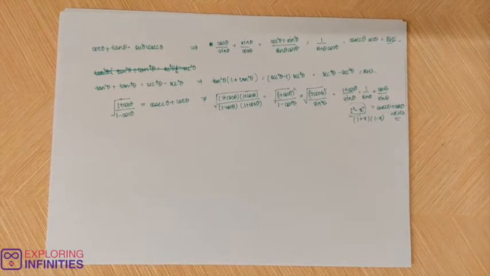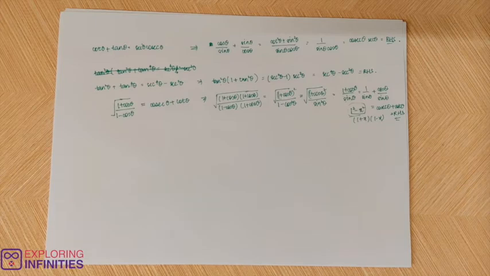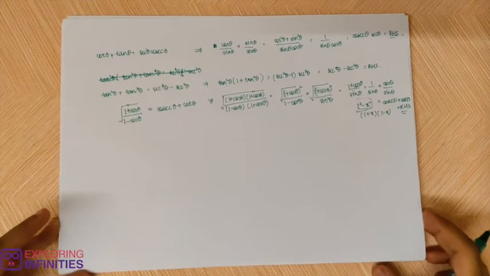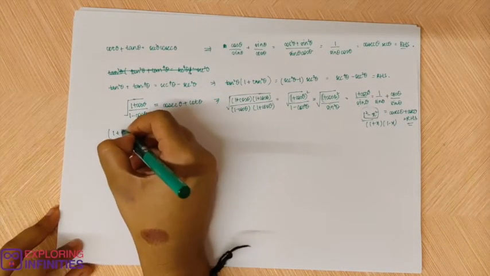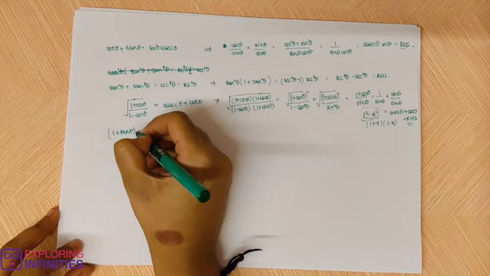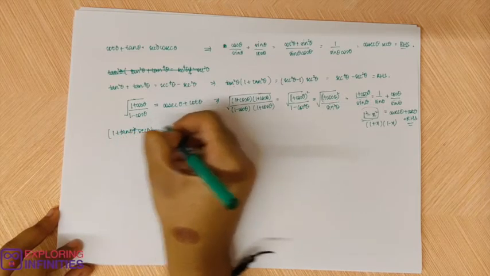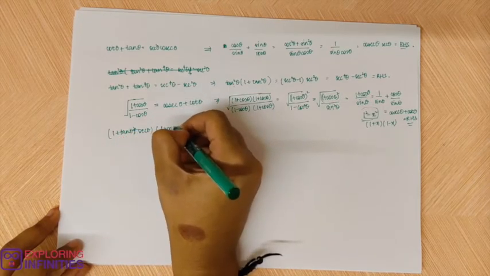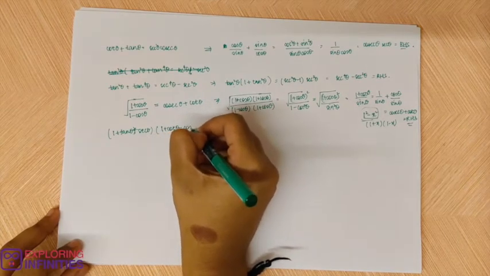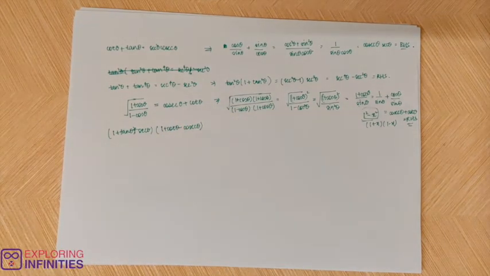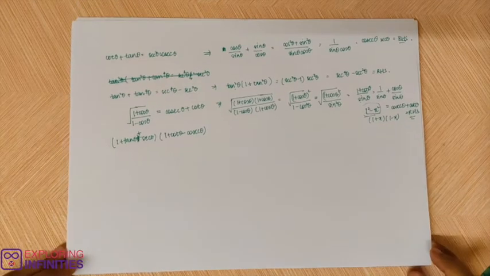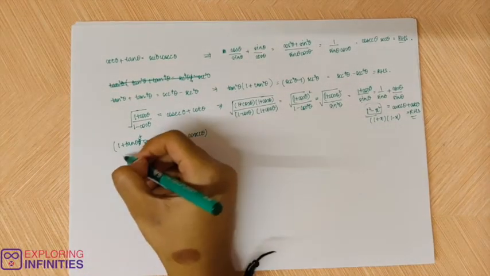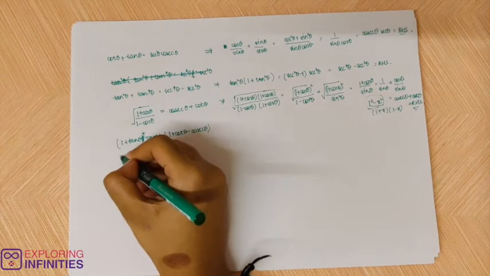So let's do a few more problems. We need to evaluate these: (1 plus tan theta plus secant theta) into (1 plus cot theta minus cosecant theta). Okay, so let's solve this. Let's just split it in sine and cos.